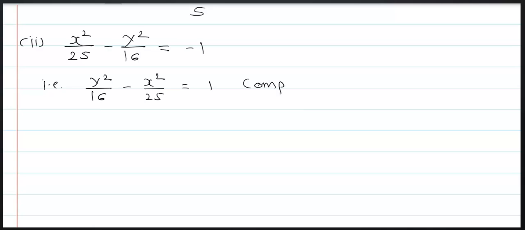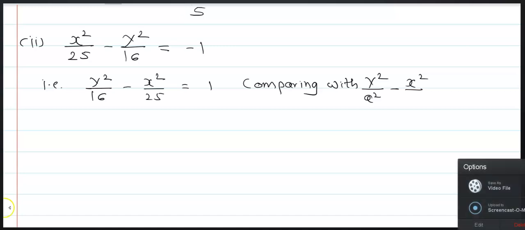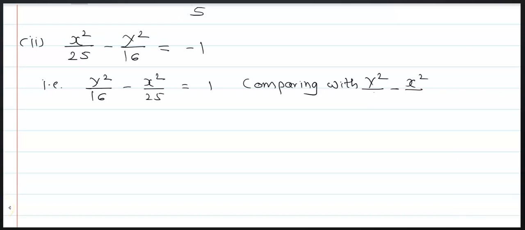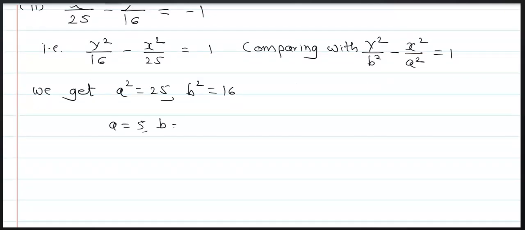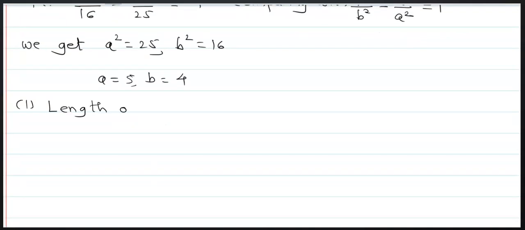Therefore, comparing with the hyperbola y square upon a square minus x square upon b square equals 1, we get a square equal to 16, b square is 25, a is equal to 4, b is equal to 5.